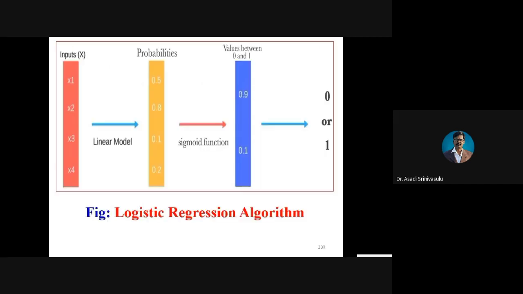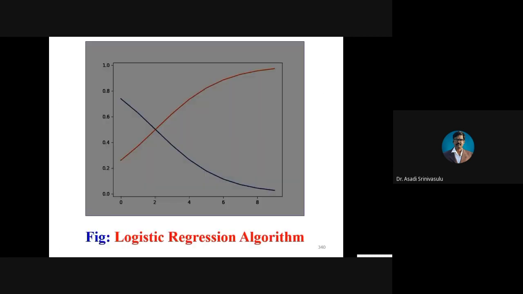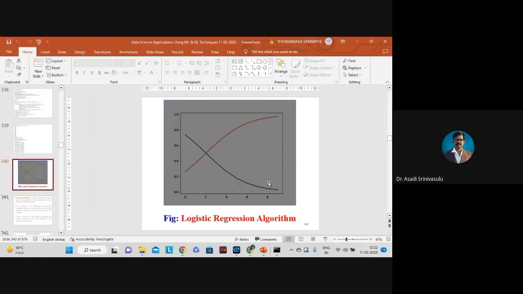Based on the input x values, x1, x2, x3, x4, for the probabilities the linear model I'm choosing 0.5, 0.8, 0.1, 0.2. I'm applying the sigmoid function, giving values between 0 and 1, like 0.1, 0.9. So now I'm generating this. This is the code I'm using, and I'm going to execute it now.